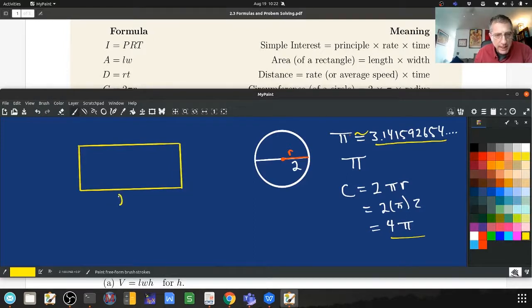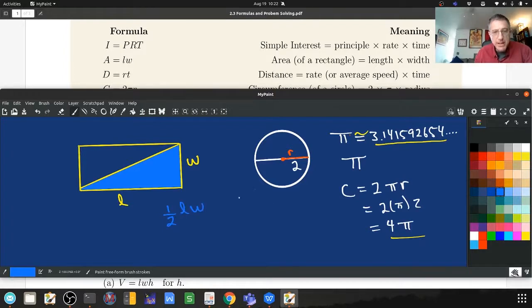It's its length times its width. So suppose I were to split this rectangle in two. The result is going to be a triangle. And it's going to be 1/2 of the length times the width.